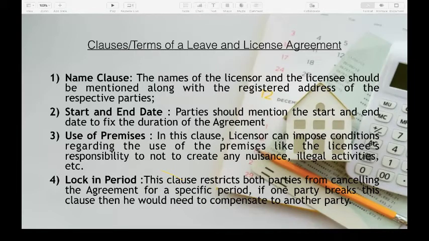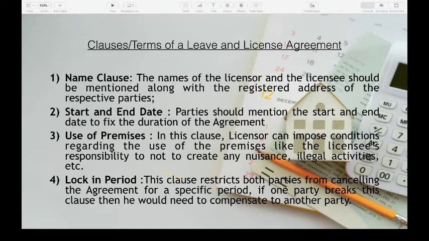So as a security, the lock-in period for the licensor and the licensee is usually 2 months or 3 months. Usually for a 5-year lease agreement, what I've seen is the lock-in period is 36 months.